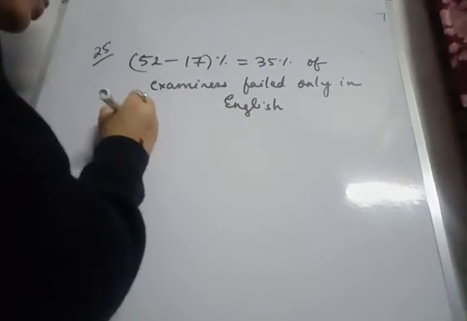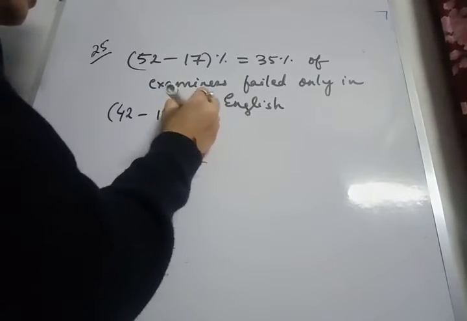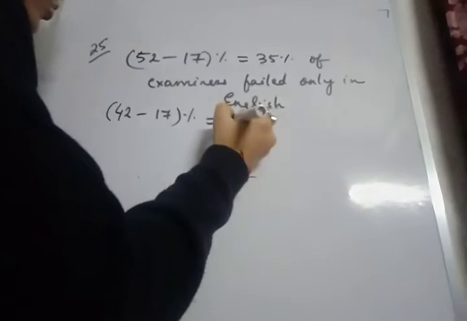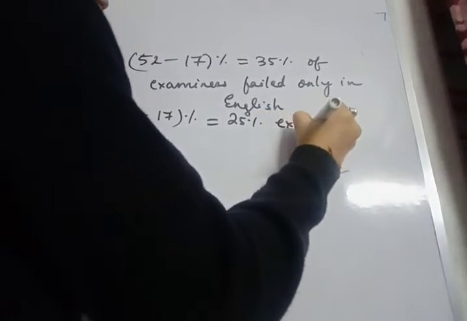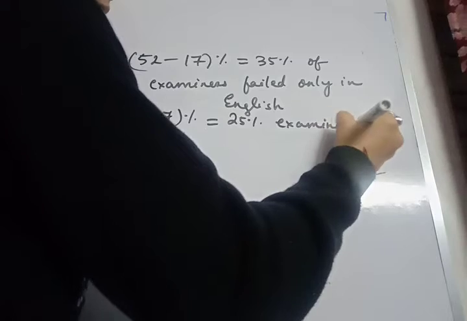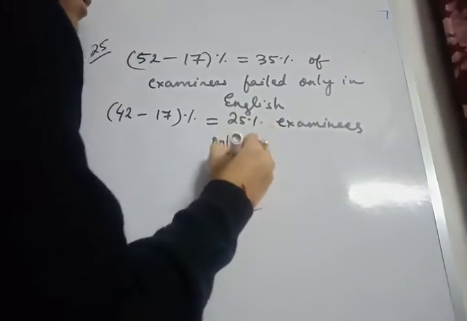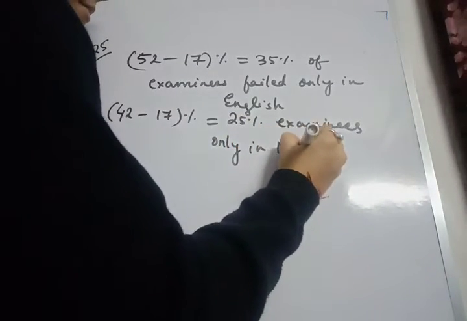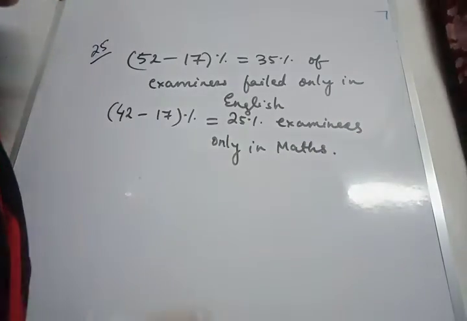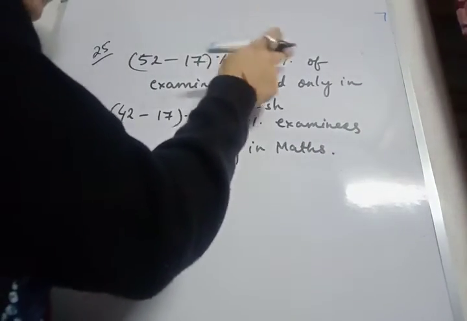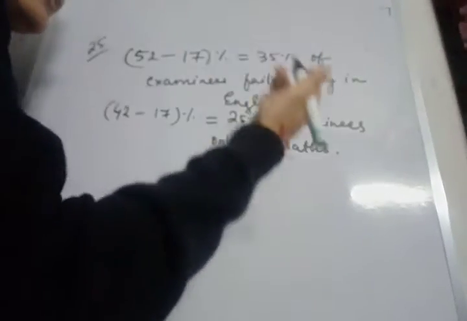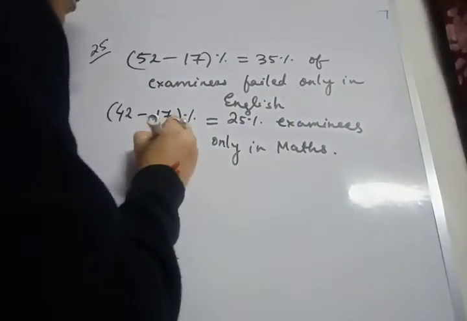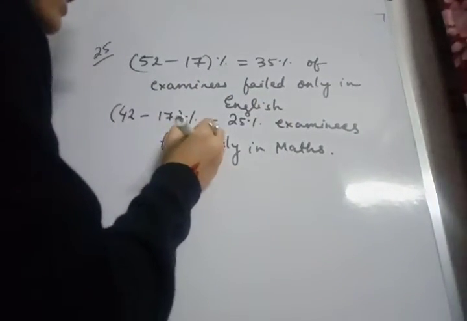Next, I can write 42 minus 17%, which is equals to your 25% examinees failed only in maths or mathematics. That means we have 35% of failures in English, 25% examinees failed in maths, and 17% failed in both.